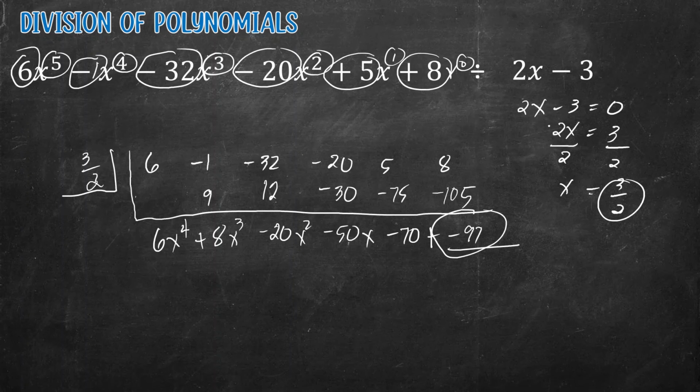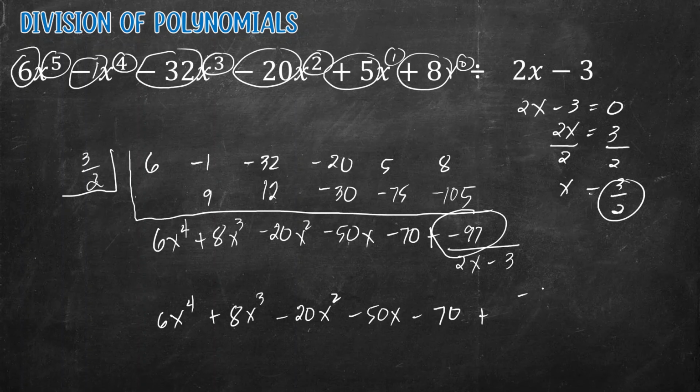Or pwede natin gamitin si 2x minus 3. Ayan, so rewrite ko lang ulit, we have 6x raised to 4 plus 8x cubed minus 20x squared minus 50x minus 70 plus negative 97 over 2x minus 3.